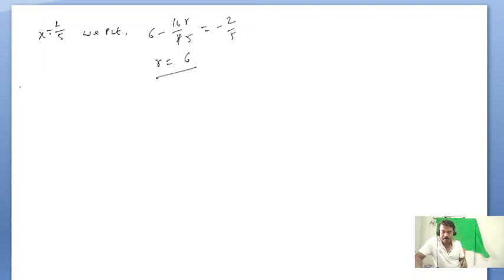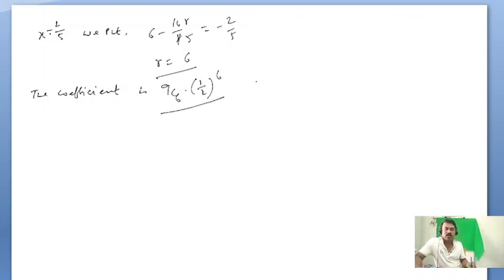Okay, so therefore the coefficient is 9C6 into (1 by 2) whole to the power 6 for r equals 6, and for r equals 5 the coefficient is 9C5 (1 by 2) whole to the power 5.